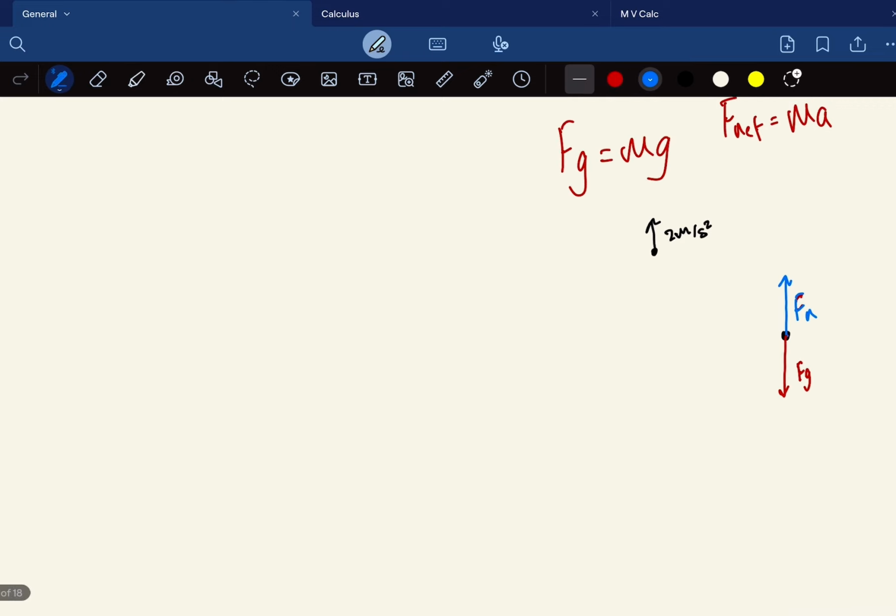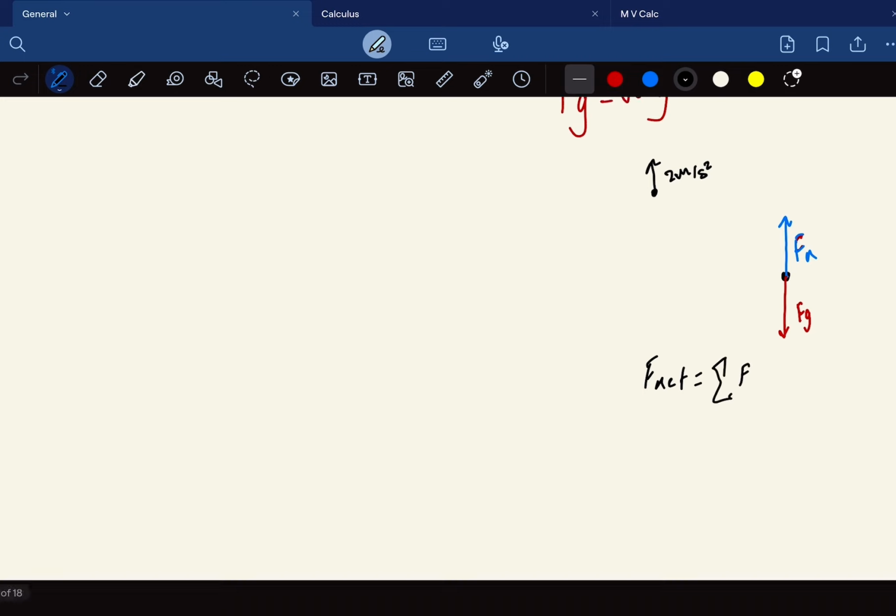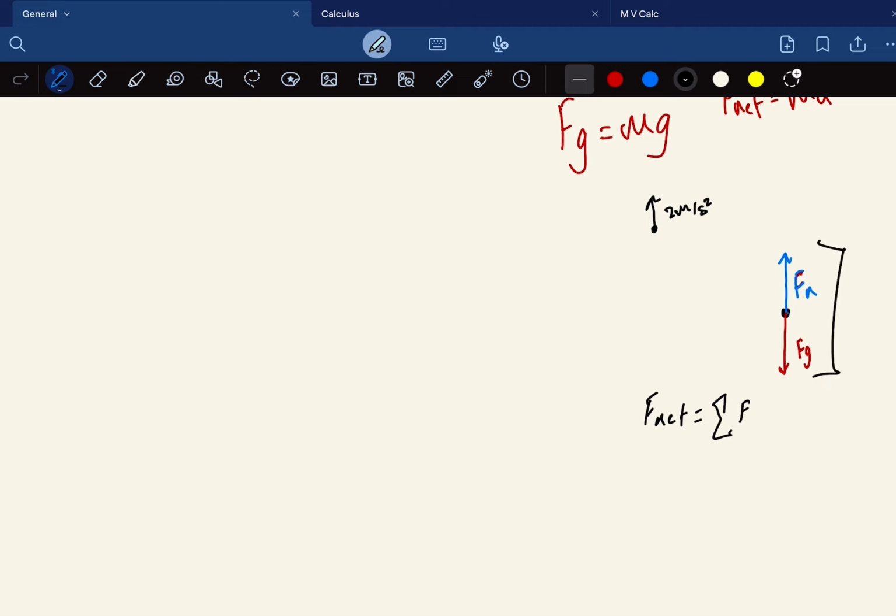Now, our net force, F net, is equal to the sum of the forces. So in this case, since Fn is going upwards and Fg is going downwards, we can label Fg as being negative since the acceleration is upwards. So the sum of our forces is going to be Fn minus Fg.